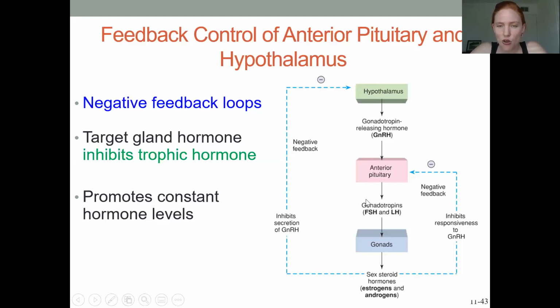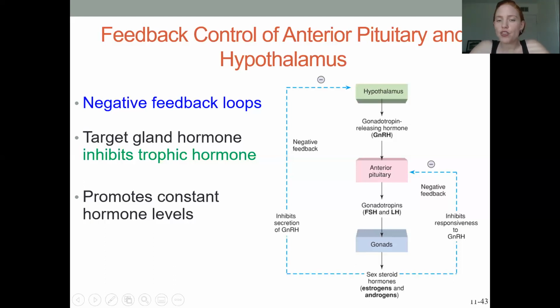So those steroids will go in, and that is going to trigger the release of estrogens or androgens, depending on male versus female. Okay, so again, those will go on and do all their normal activities. So, for example, testosterone makes you hairy. It increases muscle mass. It increases the red blood cell count, so increases hematocrit, things like that.